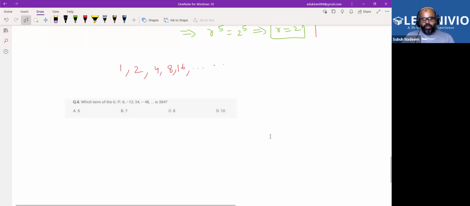Which term of the GP 6, minus 12, 24, minus 48, and so on is 384? Just give it a try.